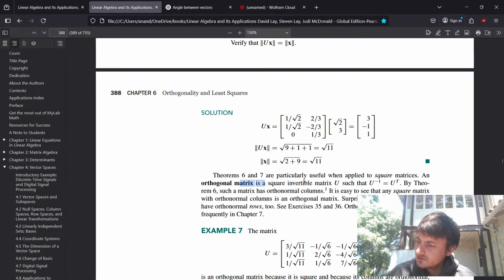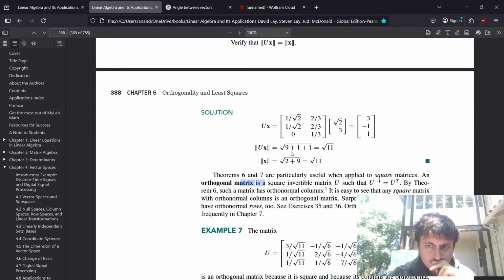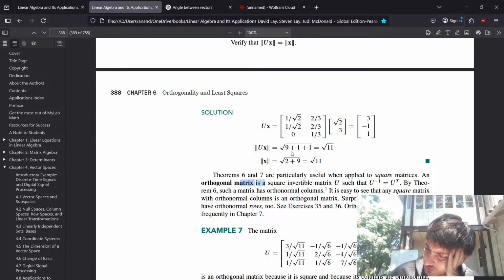Orthogonal is defined as square, invertible, such that U inverse is equal to U transpose.